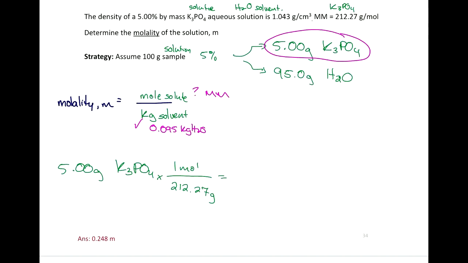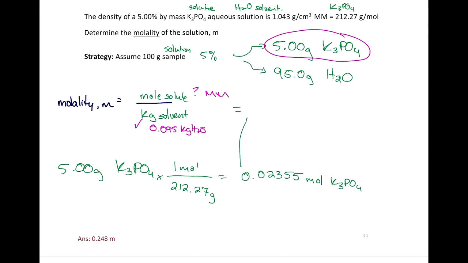I forgot my calculator. This was a bad day for me to forget it. So 5 divided by 212.27, okay, there is 0.02355 moles of solute present in this 100-gram sample, using some extra sig figs, and this is going to be our numerator.